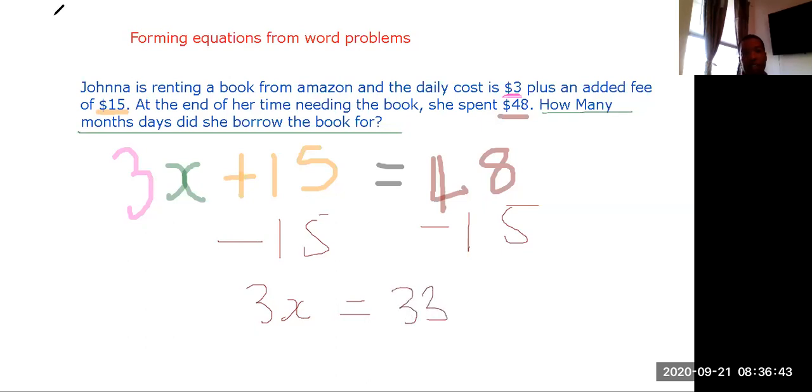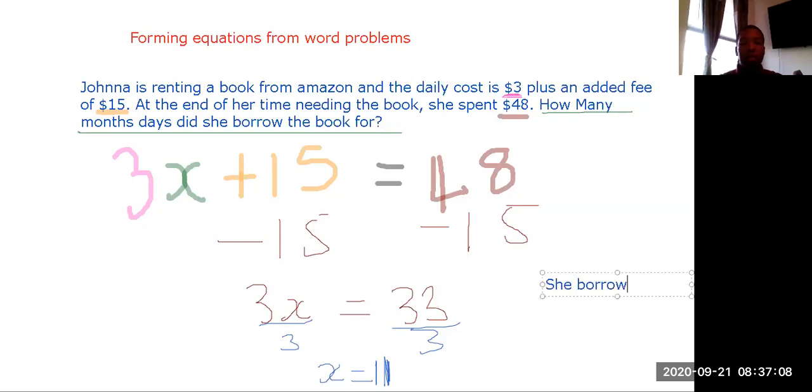And then I have to divide, right? So x is equal to 11. So she borrowed the book for 11 days. That's what that is saying. So then in my final statement, I would say she borrowed the book for 11 days.